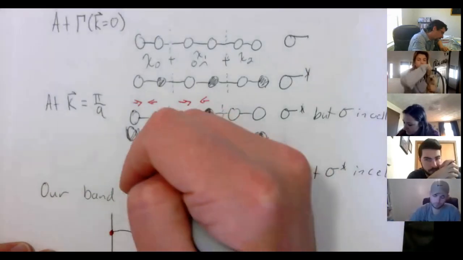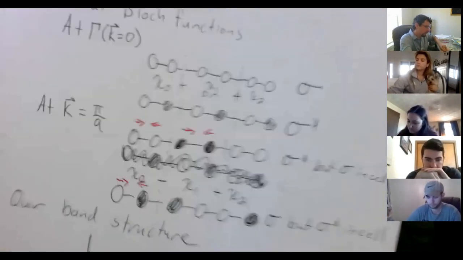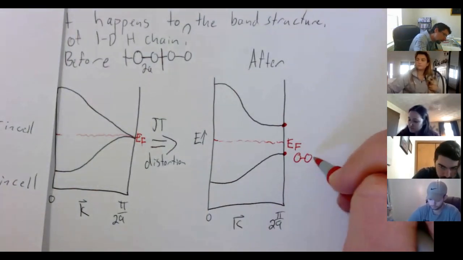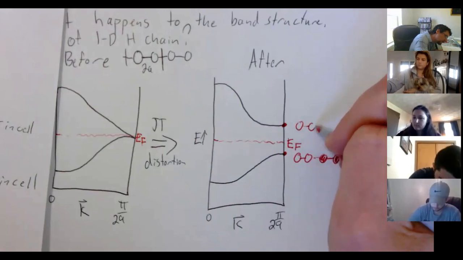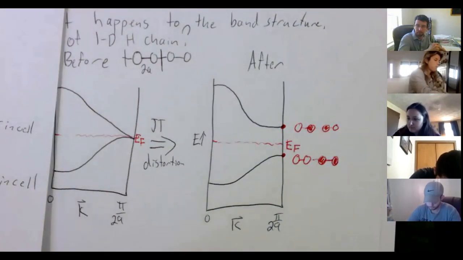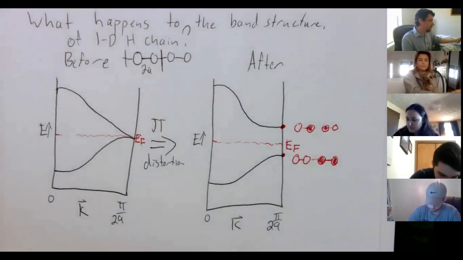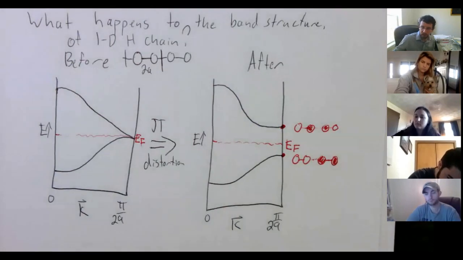This one, they are still going to move closer this way, but they're anti-bonding across there. So this gap opens up. And this is where that's going on, and this is where that's going on. We're going to see Jahn-Teller distortions pop up again once we start talking about octahedral complexes, but I just wanted to give you an idea.